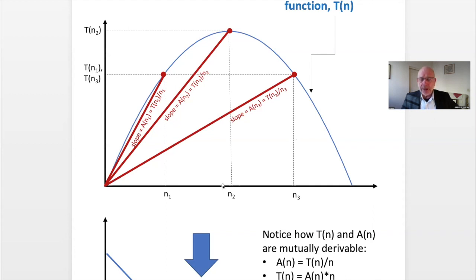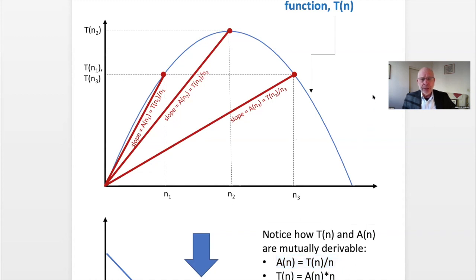Well, Tn divided by n is the average. So it's the slope here that represents the average. So if you're looking at a total value function, it's the slope of that chord running from the origin to any given point on the total value function. That slope has the interpretation of an average.